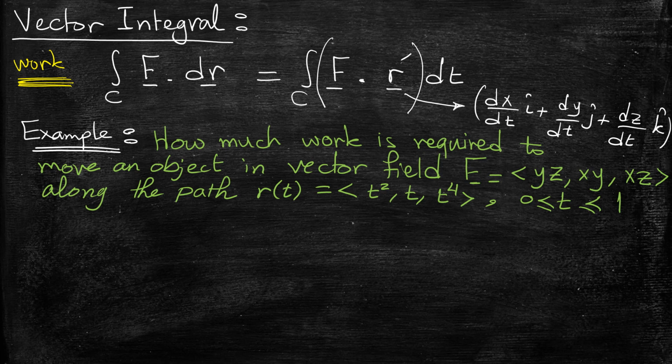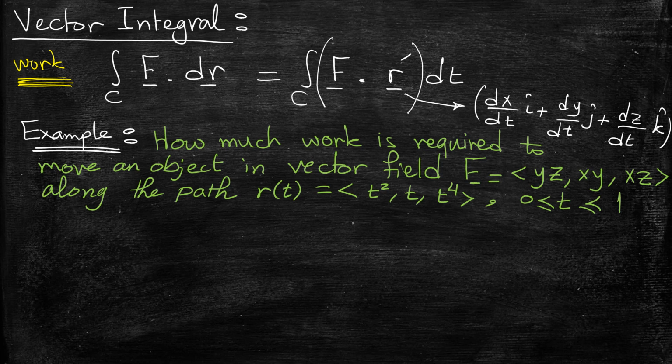It's required to find the work to move an object in a vector field, where f is given by this one: yz, xy, xz, along the path r of t given by these parameters: t squared, t, t power 4, and t is defined between 0 and 1.